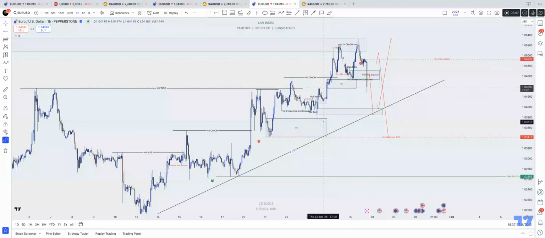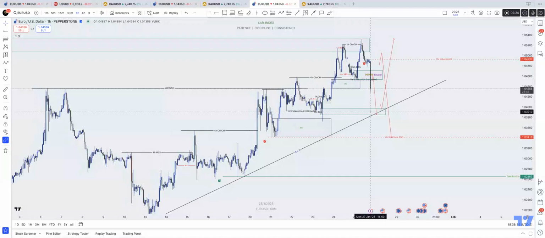Now our target is the demand here. In most cases, in 90% of the cases, we will sweep that demand, but price's target will just be the demand. When it reaches there, then we will know if it will sweep or this demand still has strength.